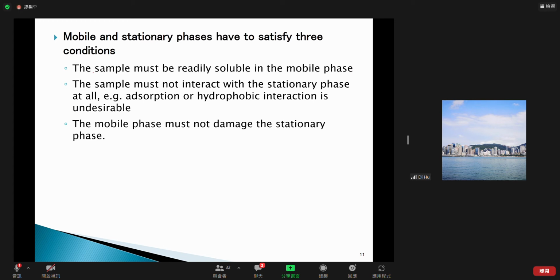We have said many times that, unlike any other liquid chromatography method, the mobile phase just acts as a solvent. Its physical property does not influence the separation process because the separation is based on molecular size, not on distribution between the stationary phase and mobile phase, right? So the purpose of the mobile phase is just to carry the analytes through the column.